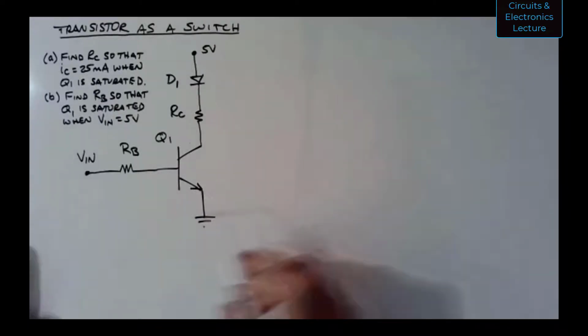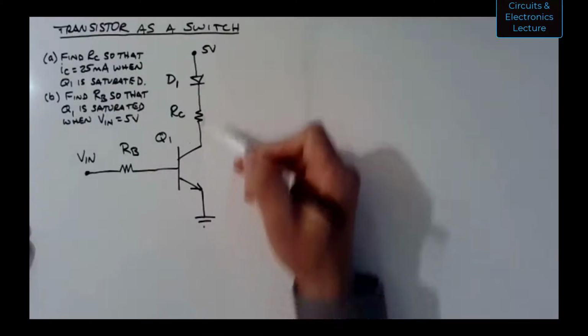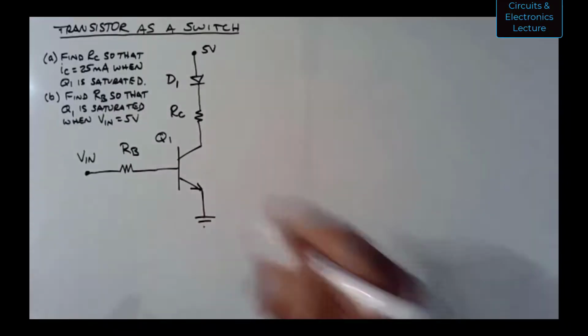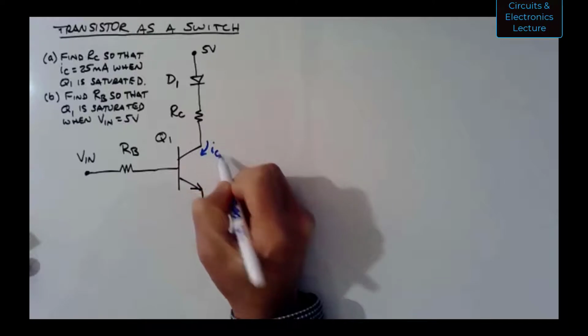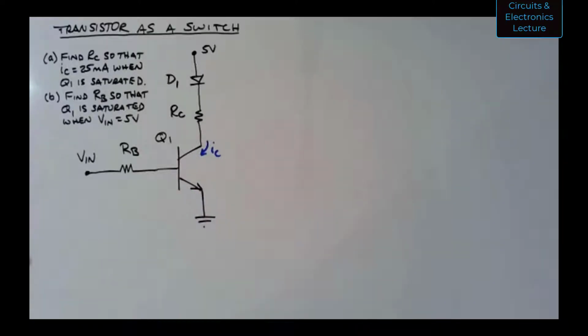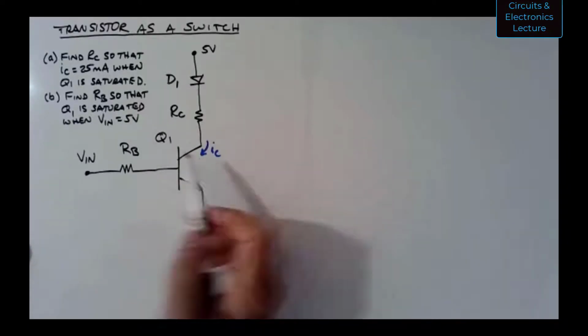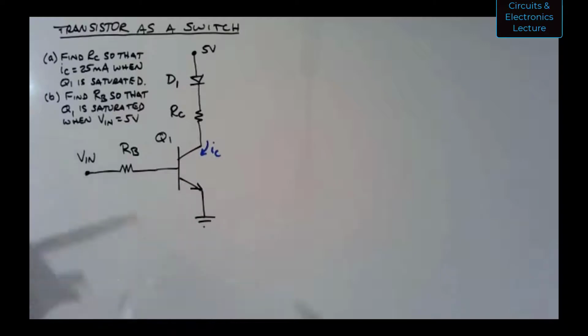Okay, and so you have a transistor. It's controlling current through its collector. So that's IC here. And you're controlling that current with the base current, IB.